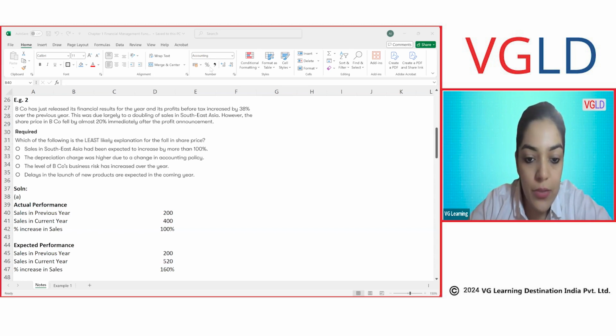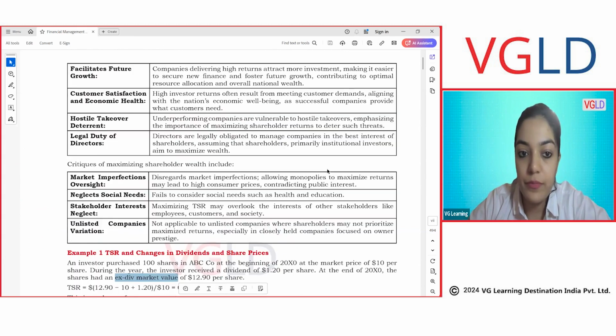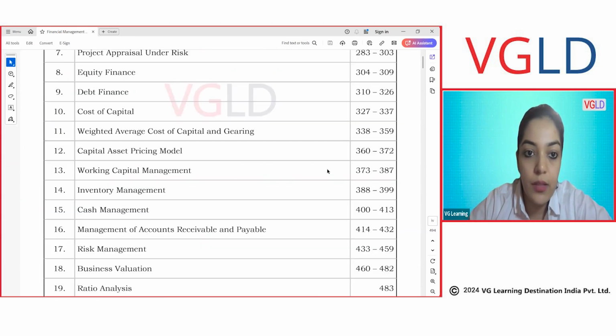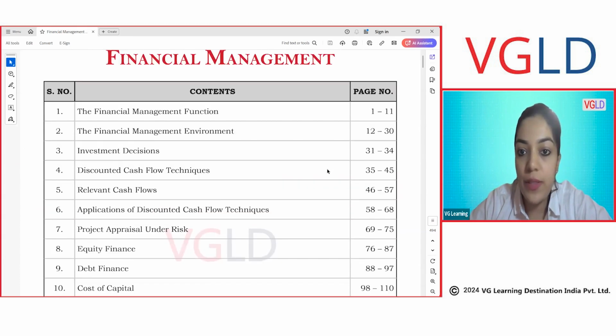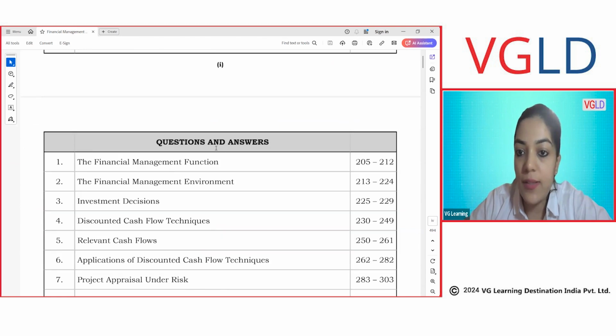There are a lot of questions for practice here. So if you see, the book is in two parts. First is the main content, chapter-wise content, and then questions and answers are there, chapter-wise.